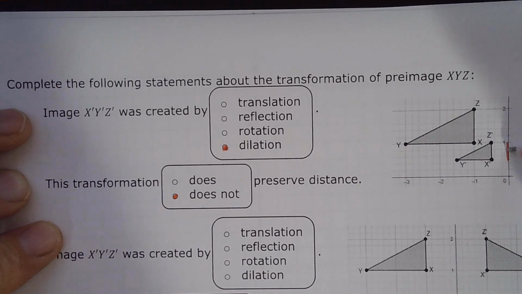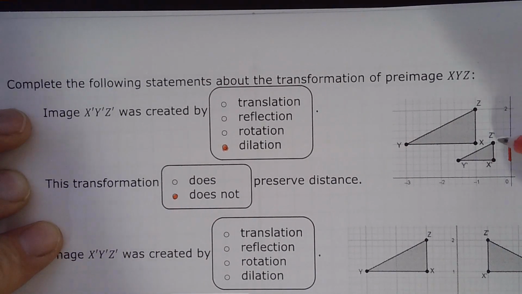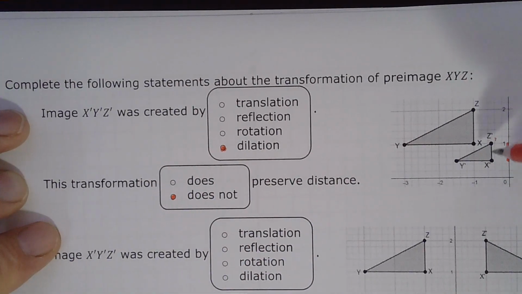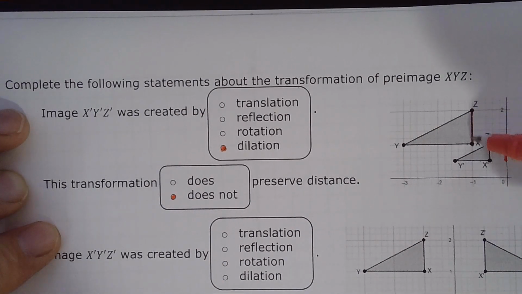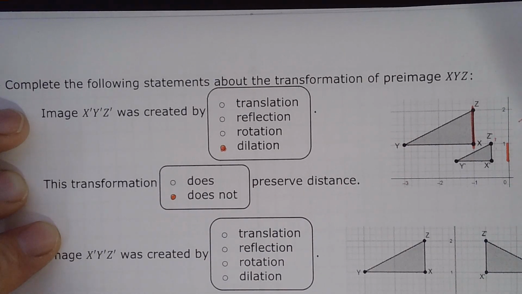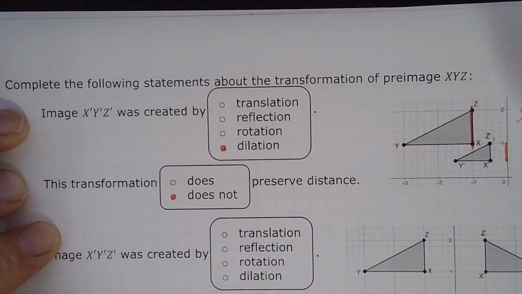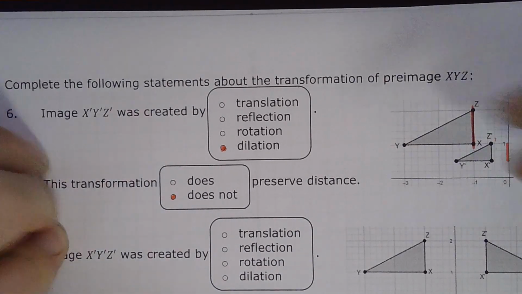My x prime to z prime was 1/2. I'm just looking at the length of x prime to z prime. And my length of x to z was 1. So my scale factor equals the length of x prime to z prime over x to z.